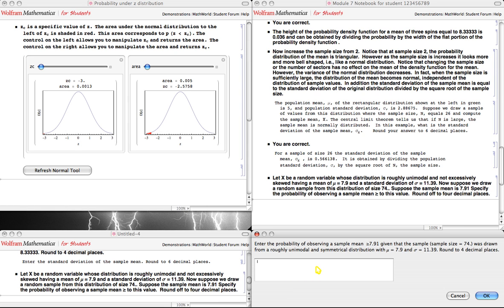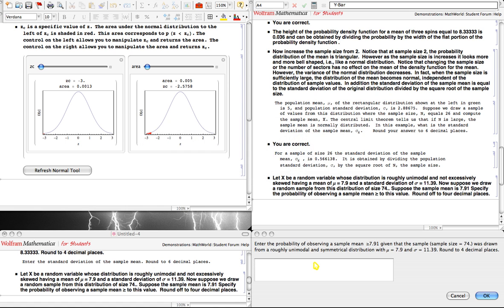This is not too different from the questions in Module 6, where you have to convert a certain score. For Module 6 it was an X. Here it's really the sample mean. You have to convert it to a Z-score and find the probability under the Z distribution. In this case, that corresponds to a Z-score equal to or greater than the Z-score corresponding to the sample mean. I'm just going to do this in Excel.